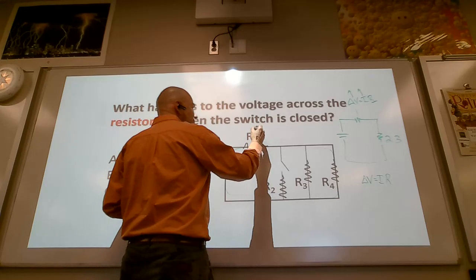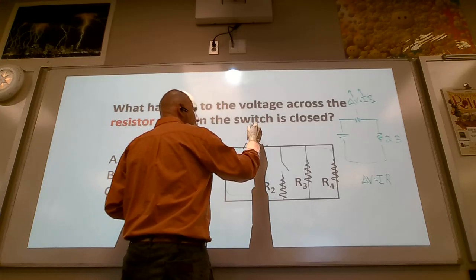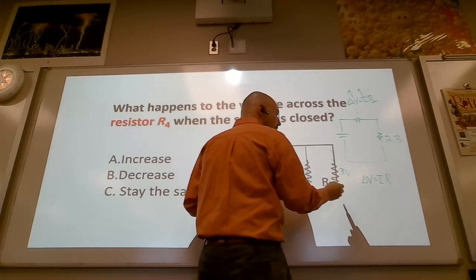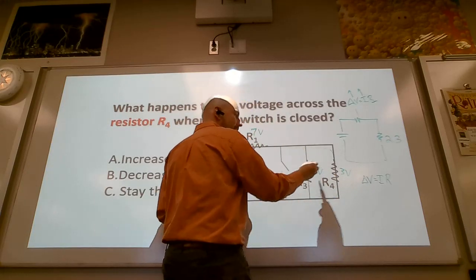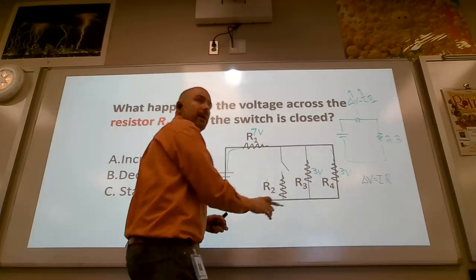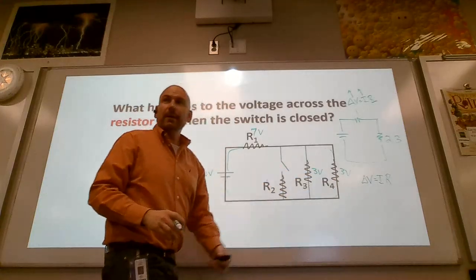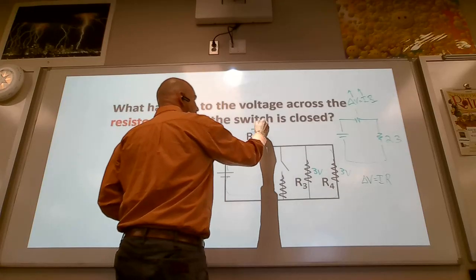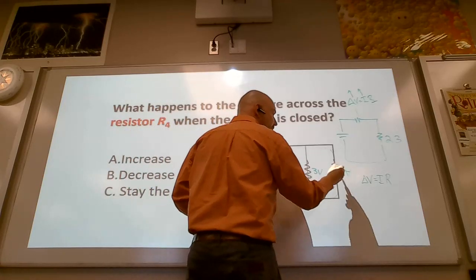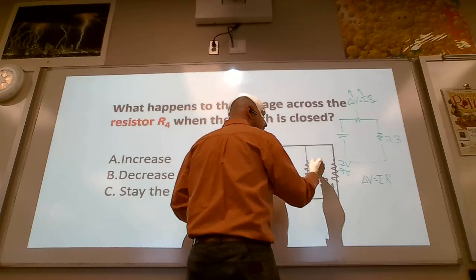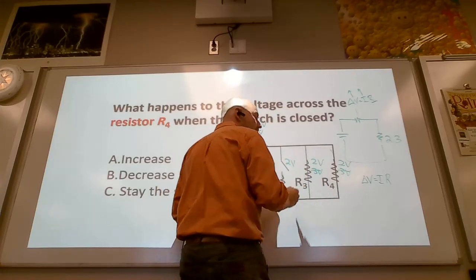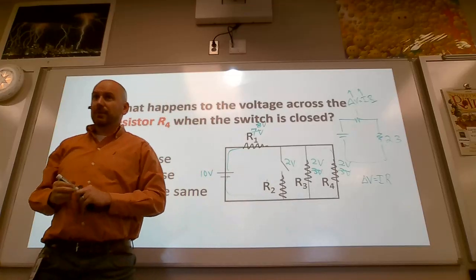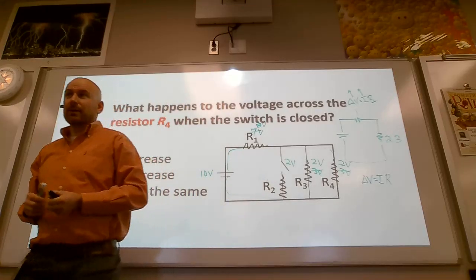Let's say we started with 7 volts and 3 volts. There's 3 volts across this guy. These two are the same. When I close this switch, that's going to increase that. I'm making up different numbers. This is going to decrease that to 2 volts. This is also 2 volts, and this will also be 2 volts. Those are the same relative to each other, because you changed the circuit.